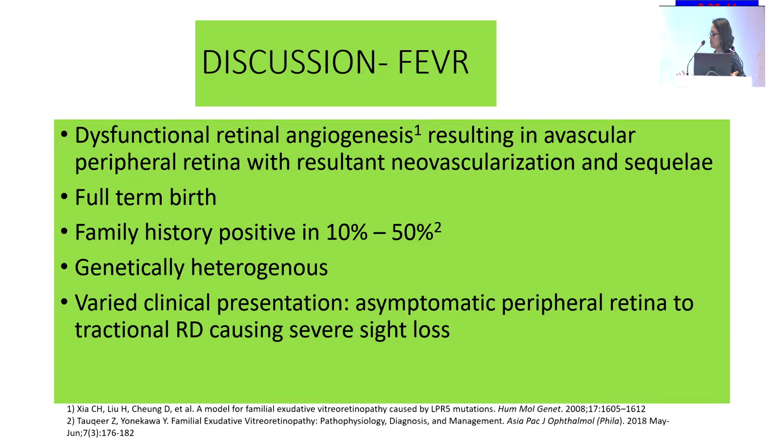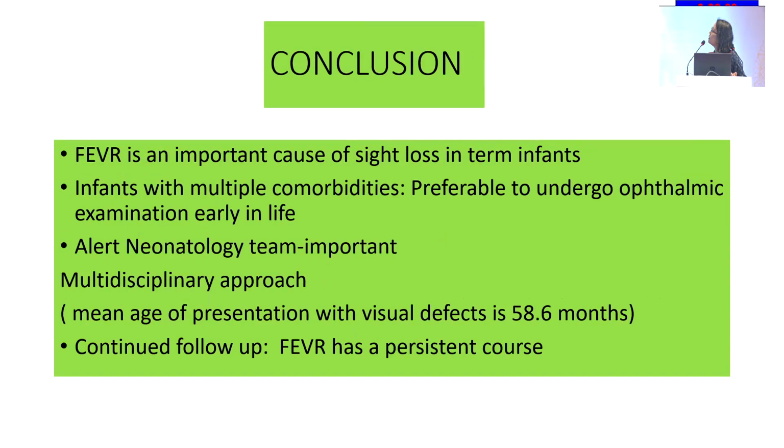So the conclusion is that we should bear in mind that FEVR is an important cause of sight loss in full-term infants, and infants with multiple comorbidities admitted in the NICU should preferably undergo an ophthalmic examination early on in life.